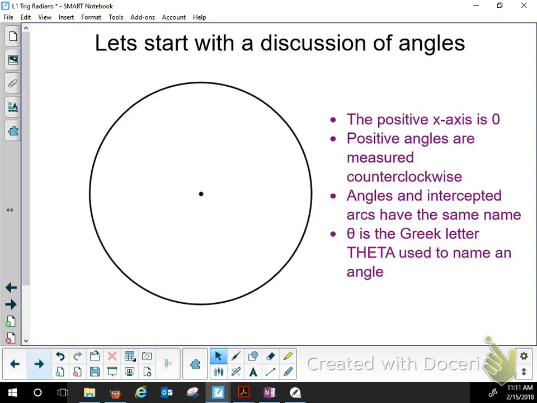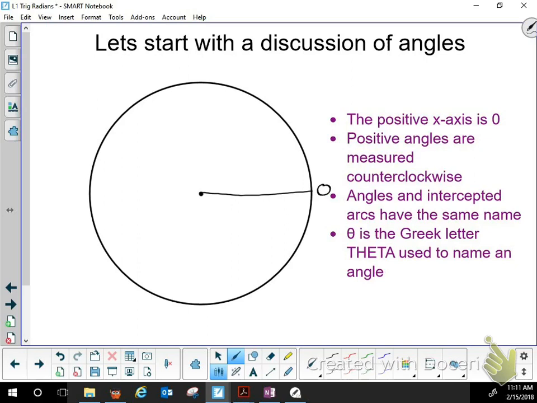We're going to start with a discussion about angles. The first thing is that the positive x-axis, if you imagine a coordinate plane with the center of the circle being the origin, the positive x-axis, which is this way, is 0. That would be 0 degrees and 0 radians.